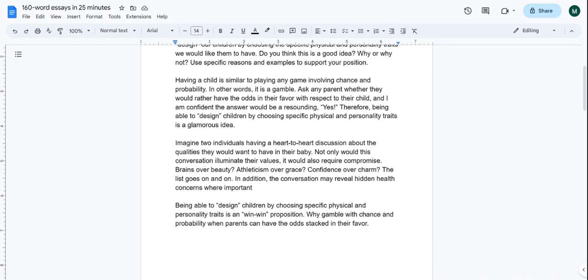Imagine two individuals having a heart to heart discussion about the qualities they would want to have in their baby. Not only would this conversation illuminate their values, it would also require compromise: brains over beauty, athleticism over grace, confidence over charm. The list goes on. In addition, the conversation would reveal hidden health concerns.